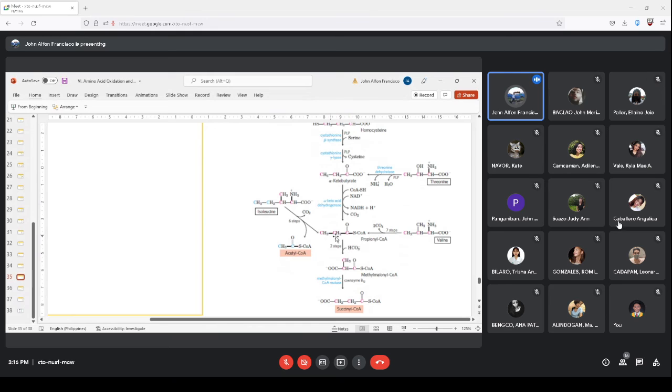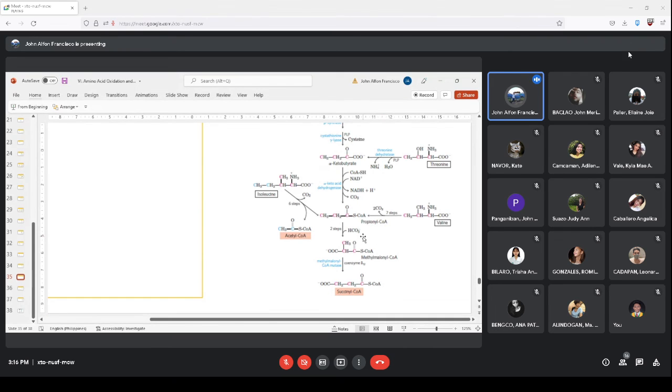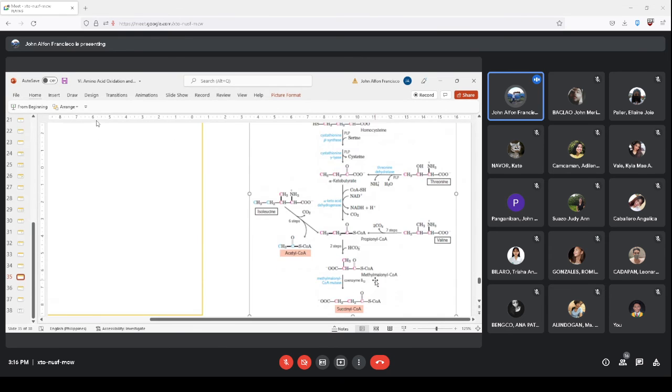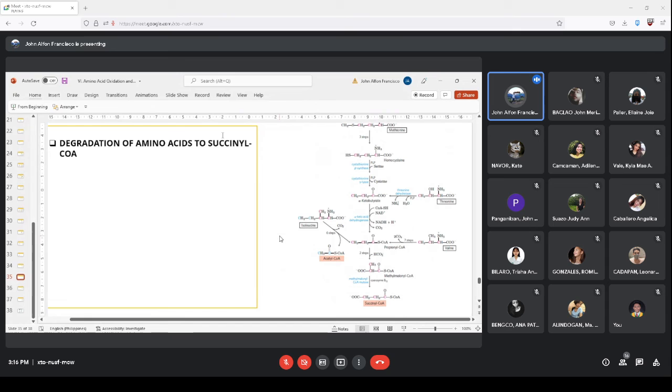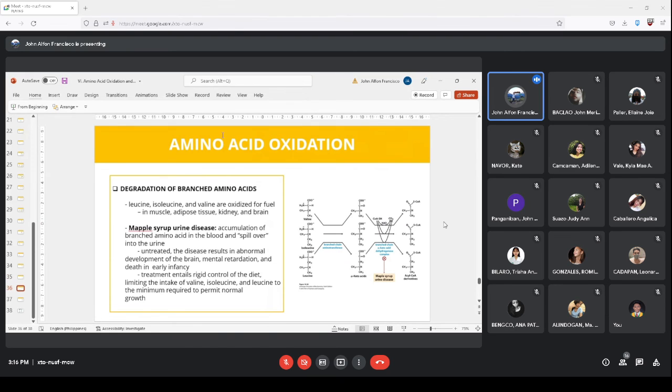So this is the common ground with valine. Valine will be oxidized to remove carbon dioxide twice to have your propionyl-CoA, and with addition of bicarbonate, you have your methylmalonyl-CoA. Then, in presence of B12, you have your succinyl-CoA. Succinyl-CoA will enter our glycolytic pathway in order to form your glucose or your pyruvate. Okay?